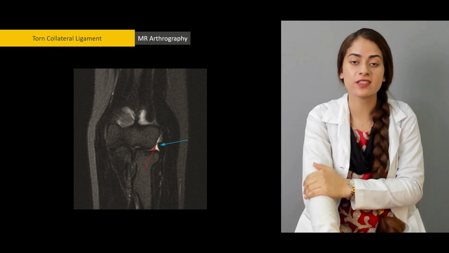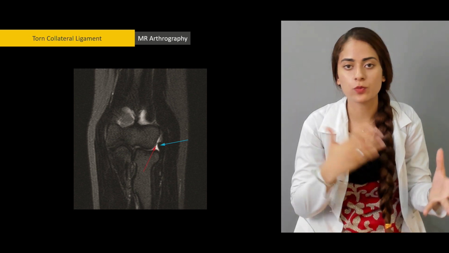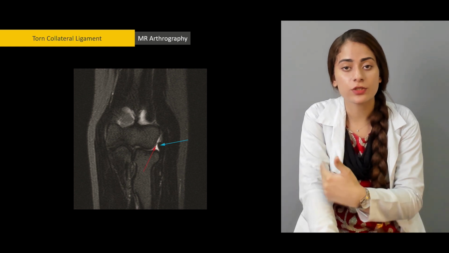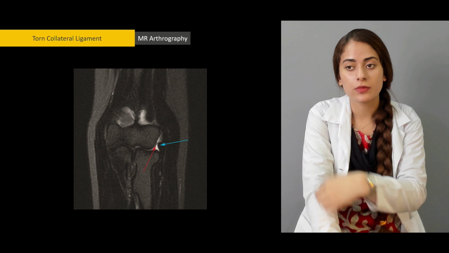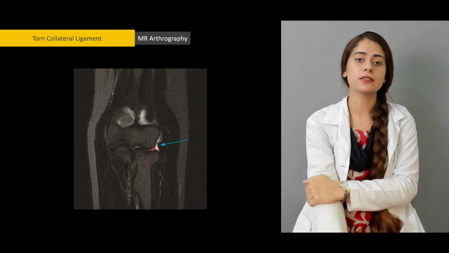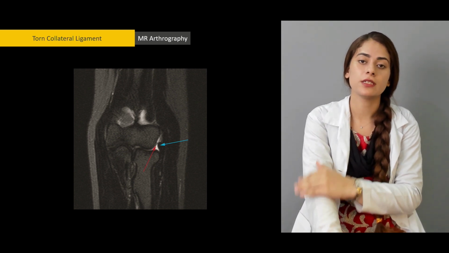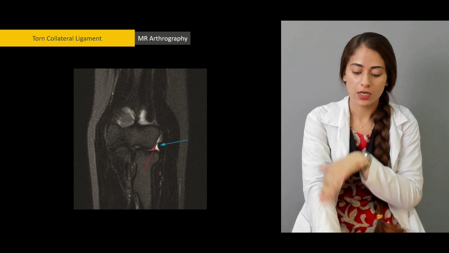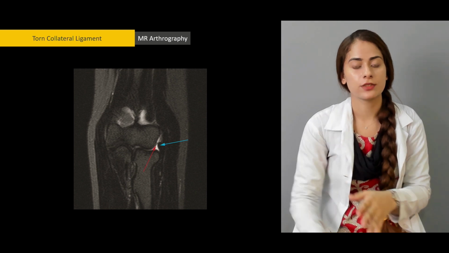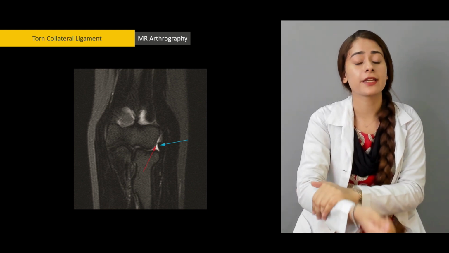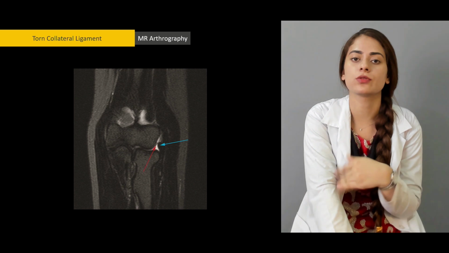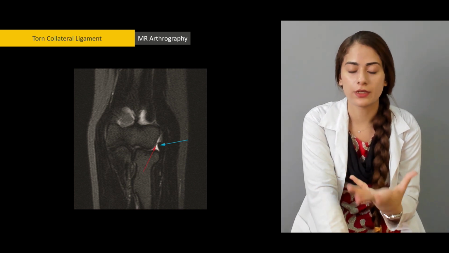So there is continuous stress over a long period of time, because you are playing the sport over a long period of time. This continuous stress can impair the proper functioning of all these tendons which attach to the lateral aspect, which are the extensor tendons. They are again and again under constant stress because of playing games like tennis. So that is why lateral epicondylitis is also called tennis elbow.